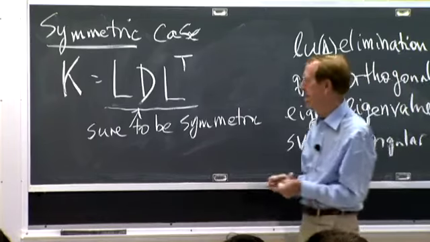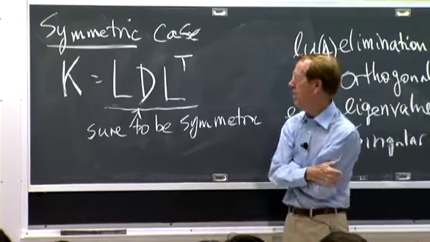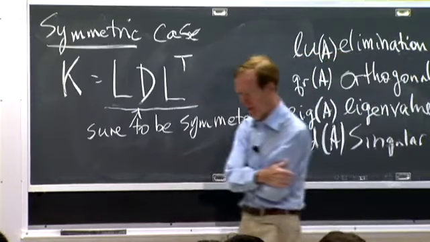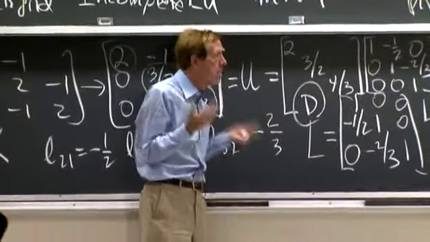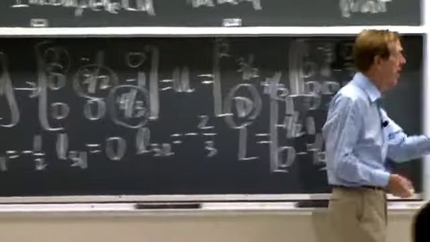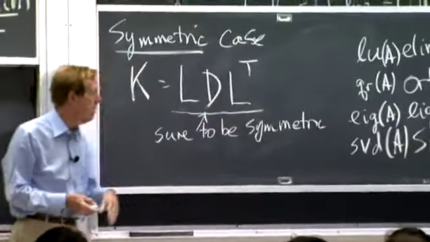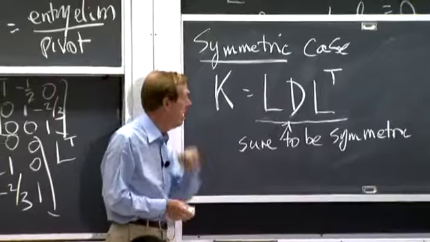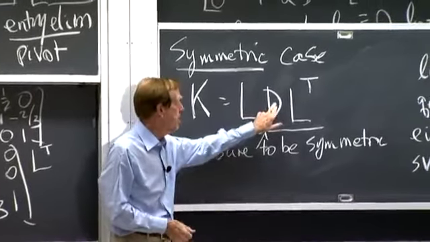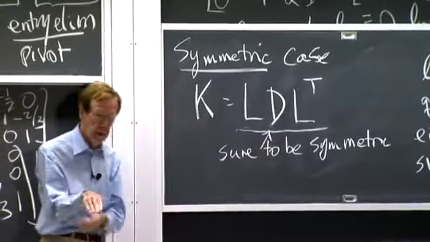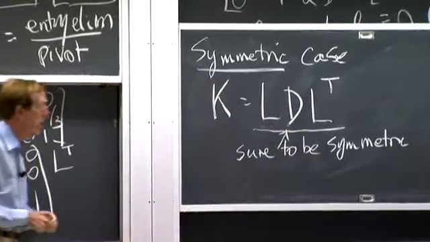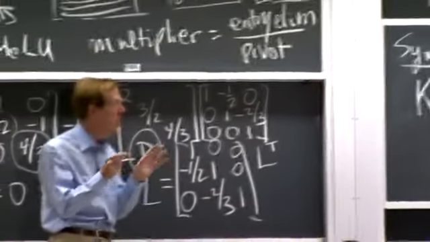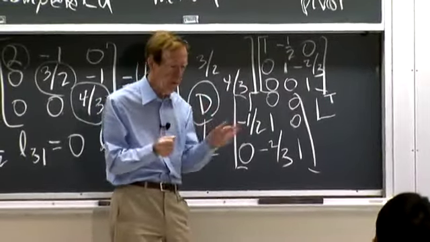Now, why is that matrix symmetric? Here we get a chance to show the power of matrix notation, really. I just think that if I have any matrix L, in this case it happened to be lower triangular, but if I have any matrix L, and I have a nice symmetric diagonal guy in the middle, and I have the transpose of this matrix on the other side, I think the result is a symmetric matrix when I multiply.